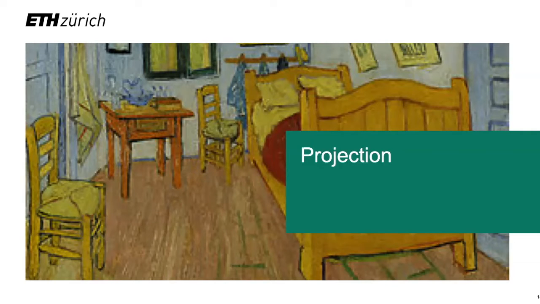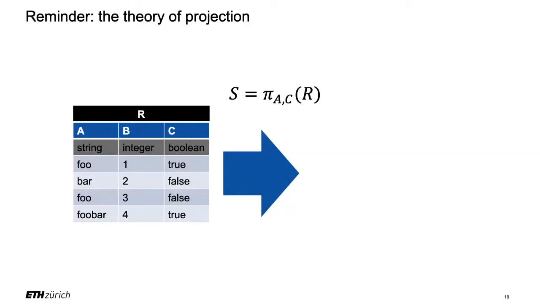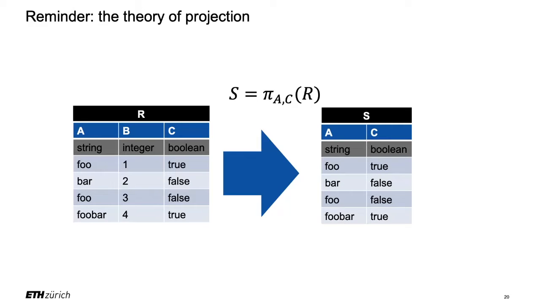Let's start with projections. How do we project to specific columns? So this is a reminder of the theory. We saw that we use the pi Greek letter in order to project a relational table to specific attributes, in that case, A and C. And what we get is another table where we only have the attributes A and C left, and B was just thrown away.